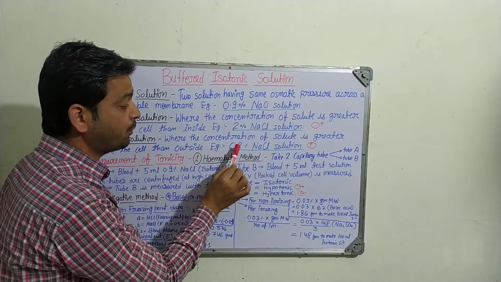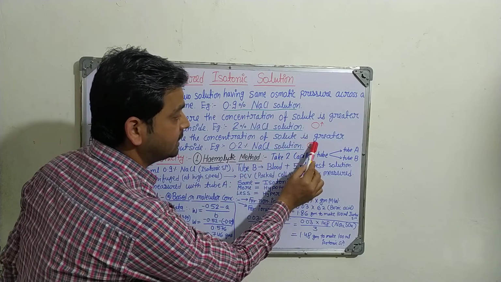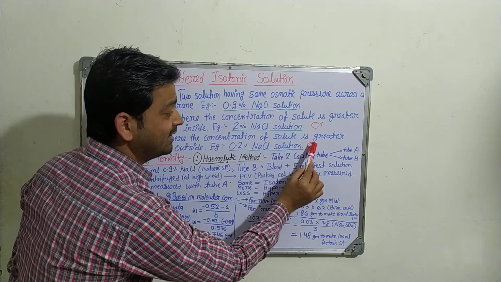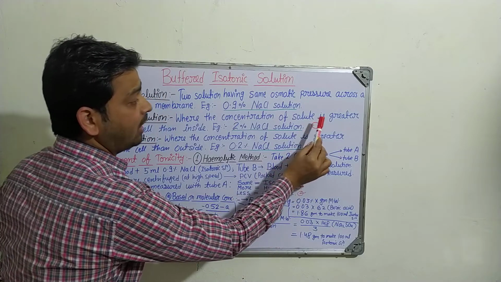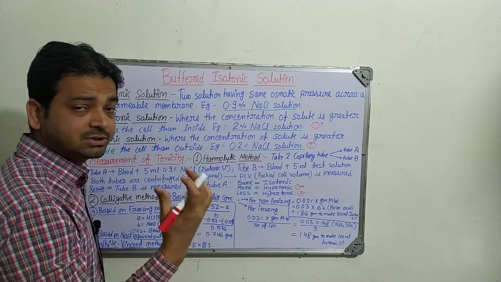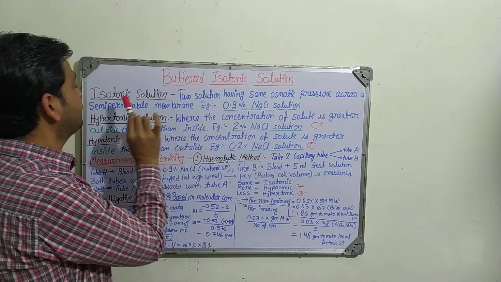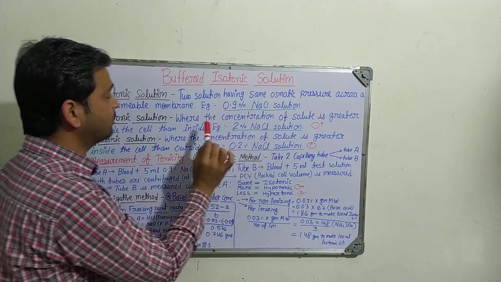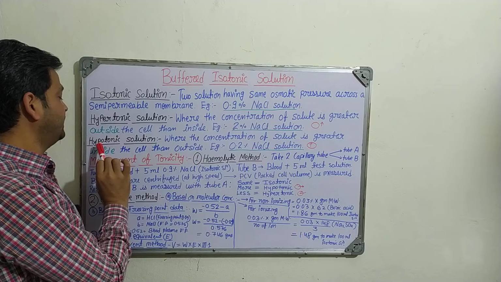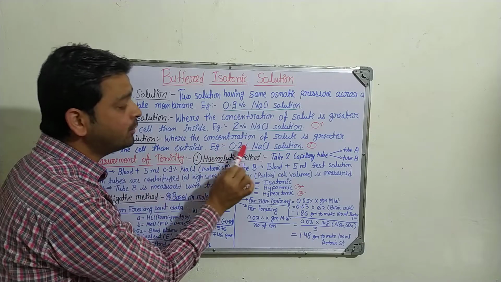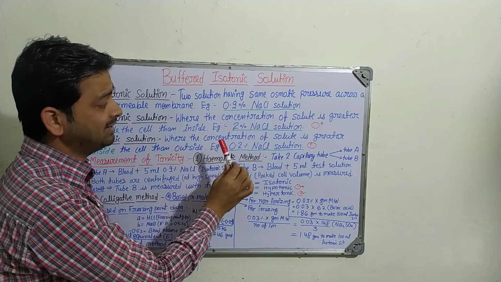For example, 0.2% sodium chloride solution, right? So in hypotonic the greater concentration is inside the cell, whereas in hypertonic it is outside. For isotonic, 0.9% sodium chloride solution; hypertonic, 2% sodium chloride solution; and hypotonic, 0.2% sodium chloride solution, right? In this way you can remember it easily.